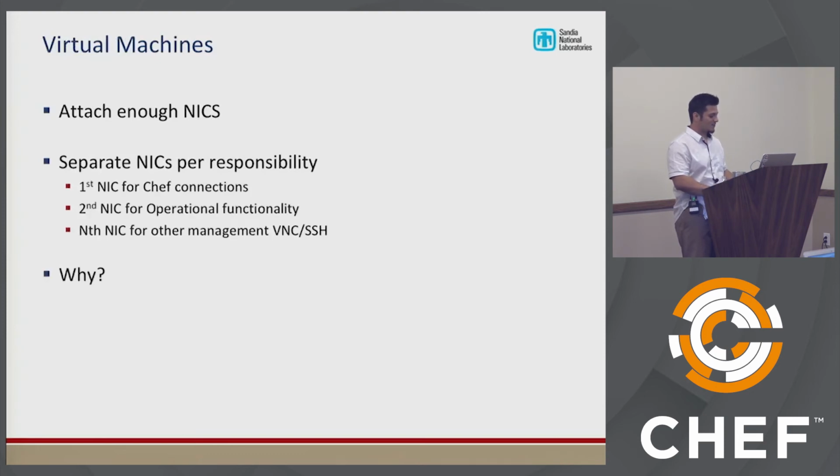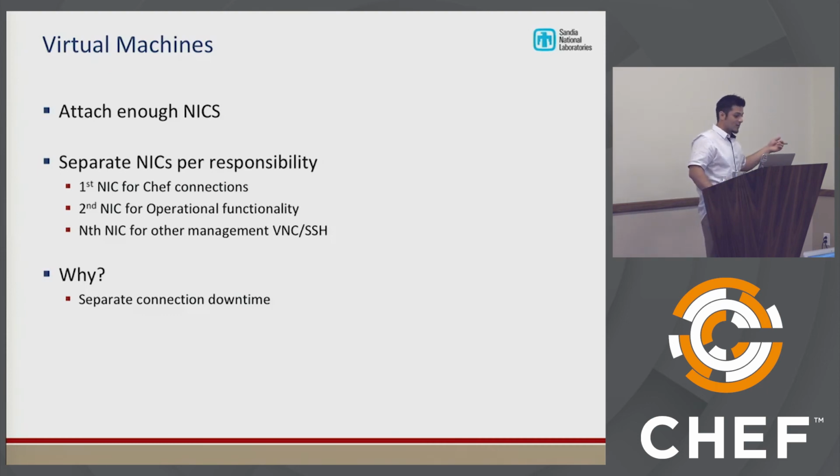This is probably super obvious, but it wasn't obvious for me: attach enough NICs to your virtual machines. I separate NICs per responsibility. Whenever I create a virtual machine, or we're handed virtual machines, I edit them slightly. I add an extra NIC for the Chef connections. That way, if any operational functionality is clogging one of the NICs, you can always go back and fix it with another recipe.